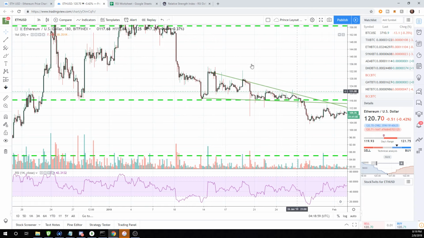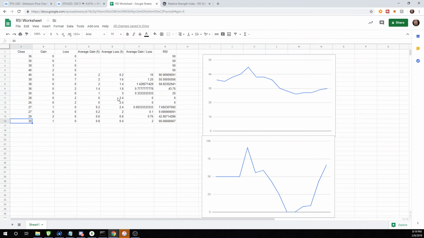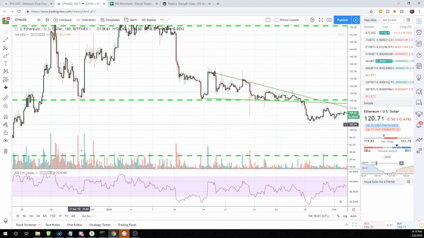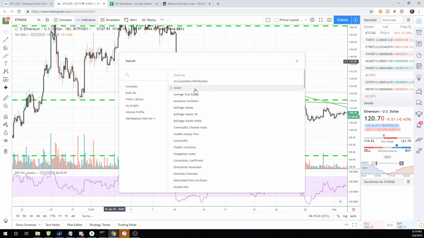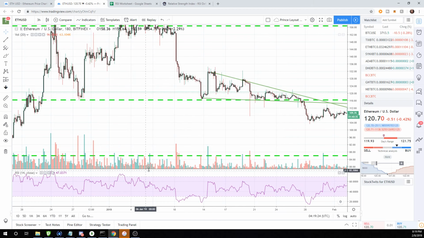Now, what I'm looking at is this equation that I just did. I'm using a look-back period of 14 candles, so on every candle I'm computing the average gain and loss 14 candles back, and I'm using the close from the candles, okay? Again, I just went to Indicators, typed in RSI, clicked on Relative Strength Index, and added that to my chart.